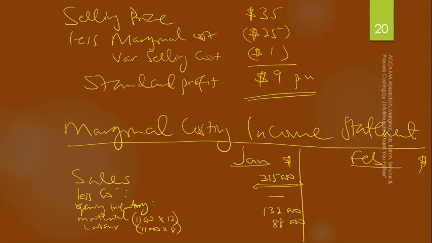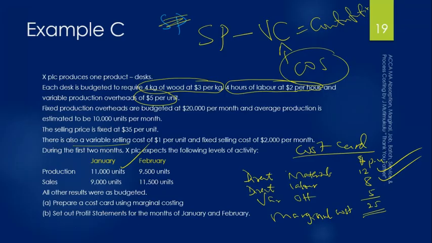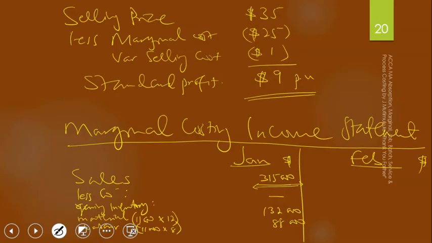All right, do you still have a space to write something? We can go over the leaf and talk of the variable overhead. All right, the variable overhead is also going to be based on the 11,000 units which are produced, multiplied by $5 per unit, because we determined that it was $5 per unit. So that's $5 per unit, and we are talking of 55,000.